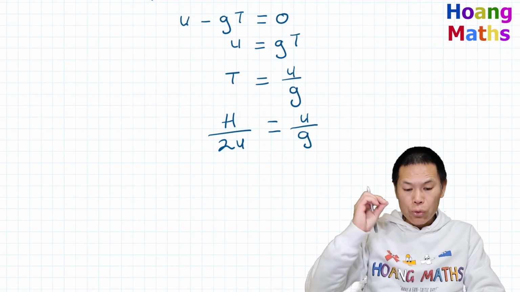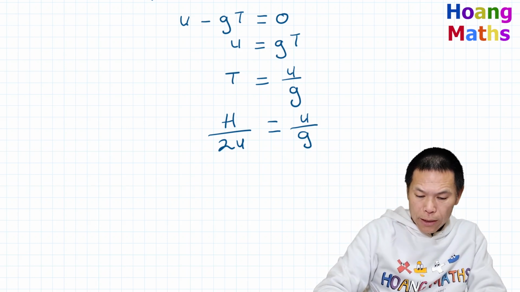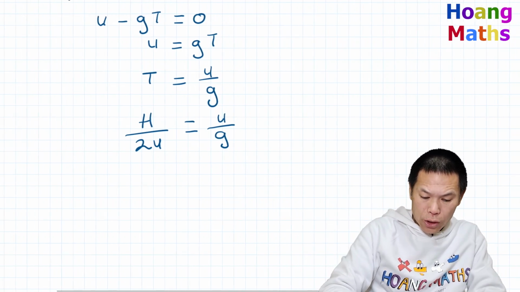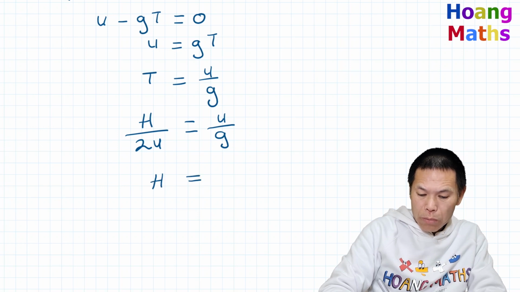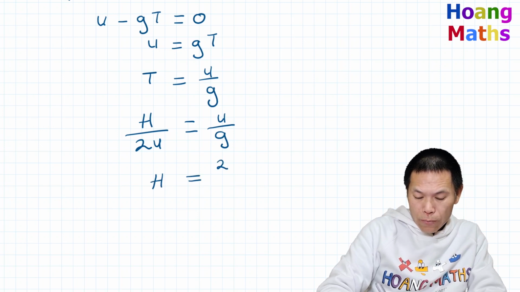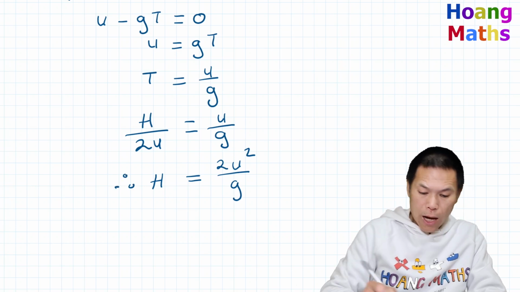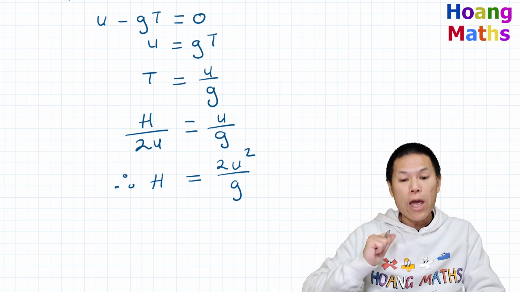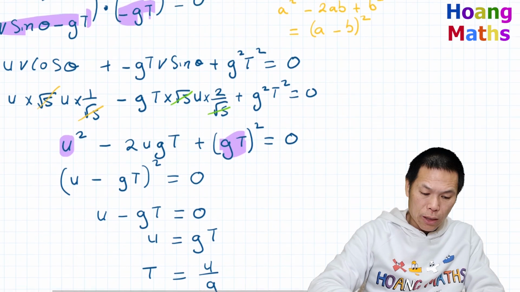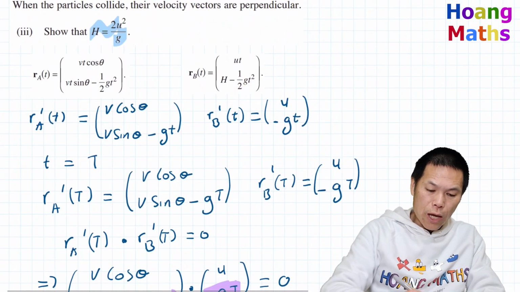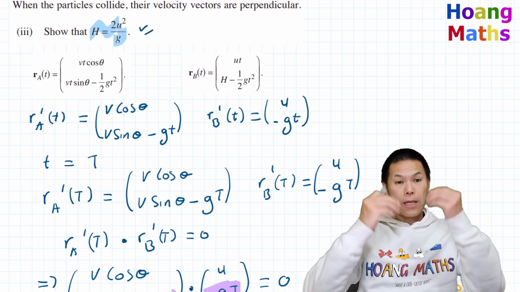And if we multiply by 2u on both sides, this means that h will give me 2u squared over g. So therefore, h is 2u squared over g. Let me check the question. So there you go. That is the answer.